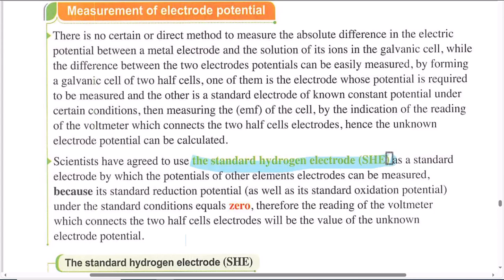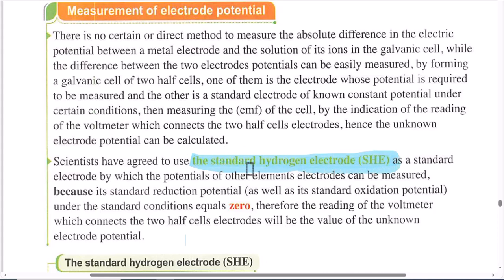It is very difficult, nearly impossible, to measure the potential difference between the electrode and the solution in which this electrode is dipped. But the potential difference between two electrodes of a galvanic cell can be easily measured by using what is known as the standard hydrogen electrode.